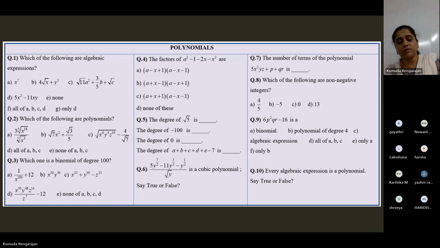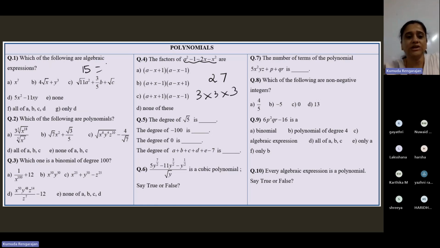Okay, in the fourth one, the question is the factors of this expression. If you're asked to write the factors of 27, what are the factors of 27? How can you factorize 27? It's 3 into 3 into 3. How do you factorize 15? 3 into 5.